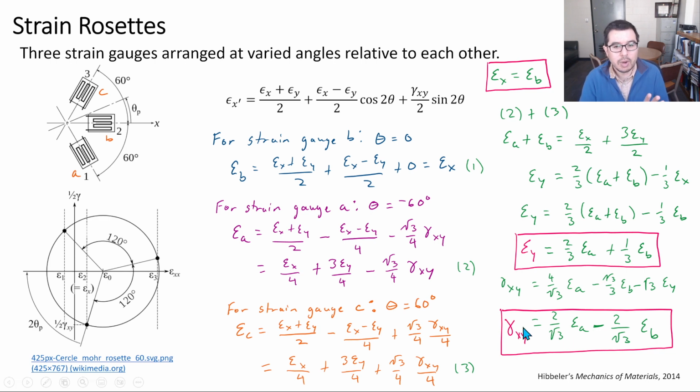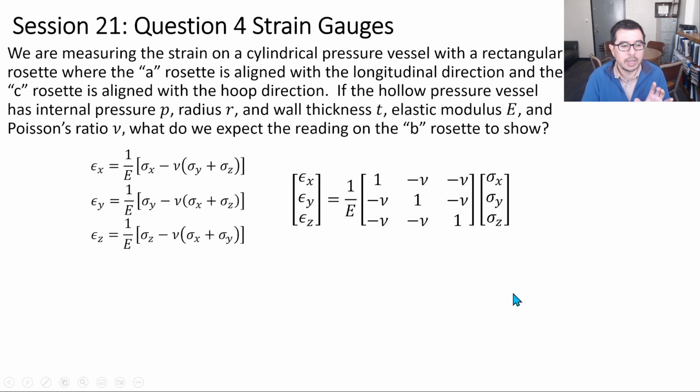And here's a problem for you, to look at a set of strain gauges, a rosette, on a cylindrical pressure vessel. We'll say that A is in the longitudinal direction. This is the A gauge, and this is the C gauge. And we're asking, what will the B gauge read?